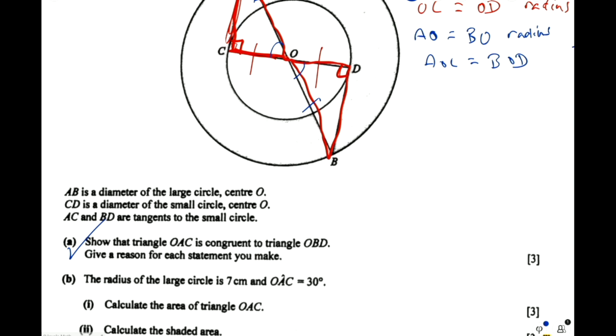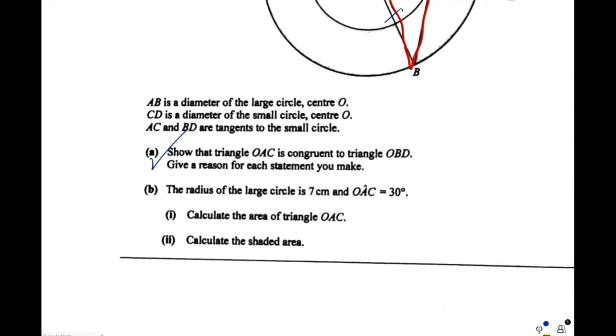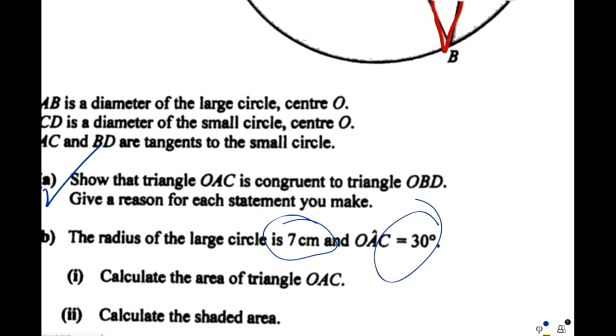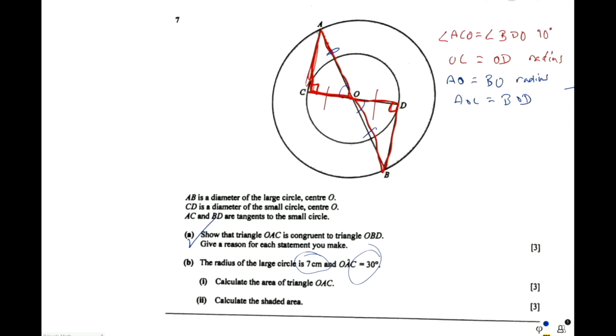Now they give us some numbers. The radius of the large circle is 7, and angle OAC is 30. Let's fill that in.